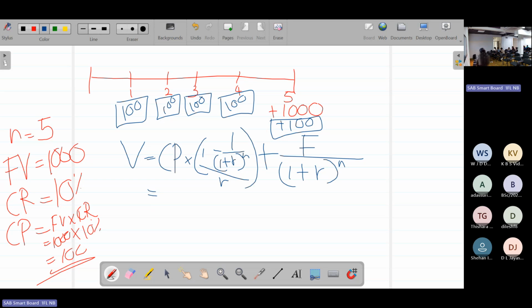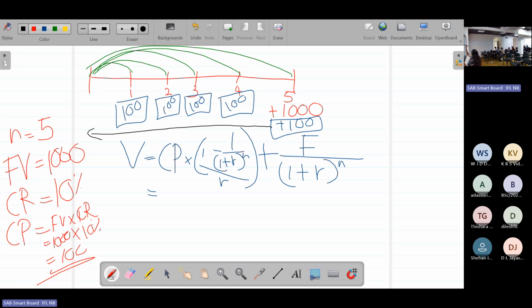So what we are doing is taking this 100 present value plus separately the 1000 present value. Both together is the value of the bond.